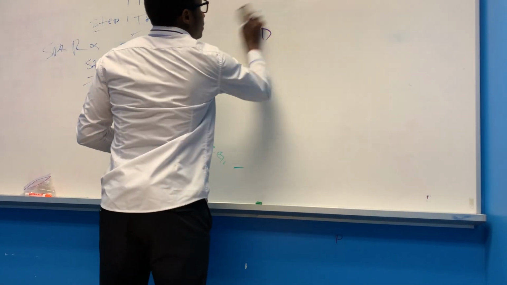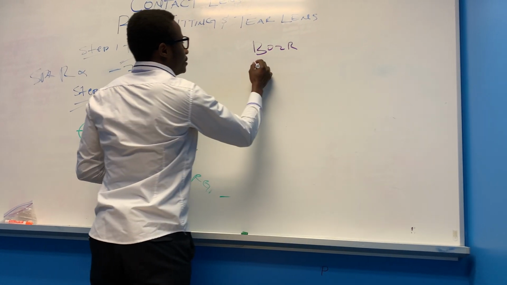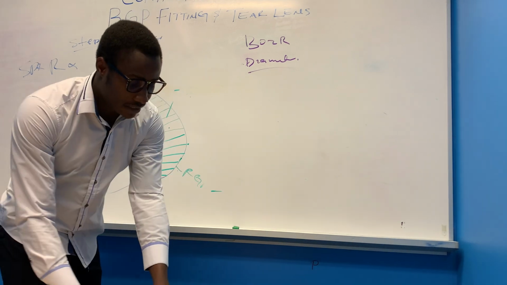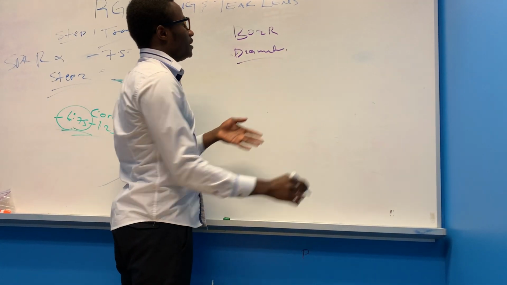Yeah, this is correct. So the base curve and the diameter of the RGP. Now in a bit, I'm going to explain to you guys how we determine the diameter of an RGP lens.